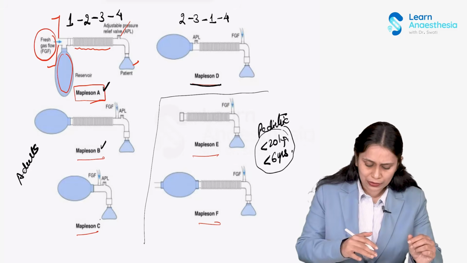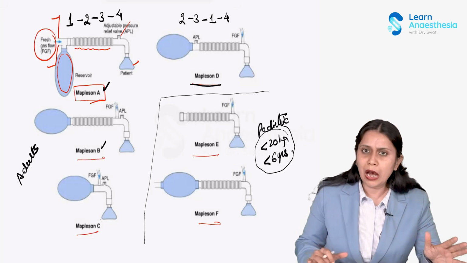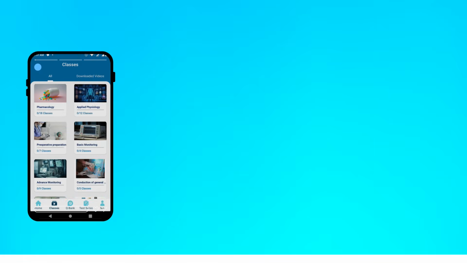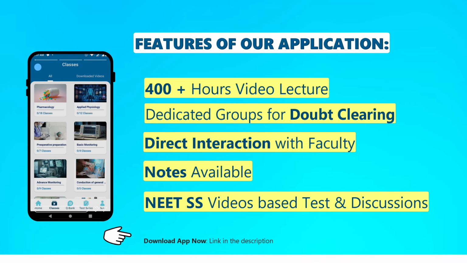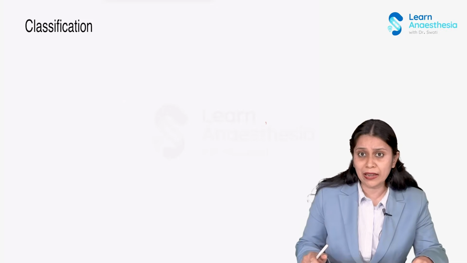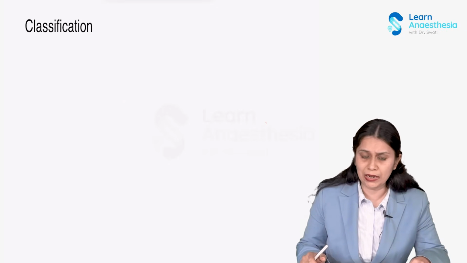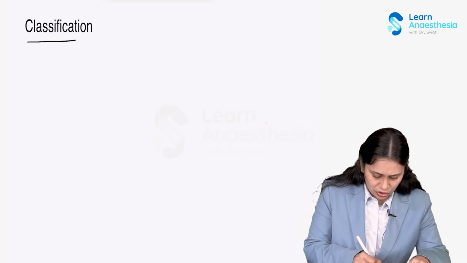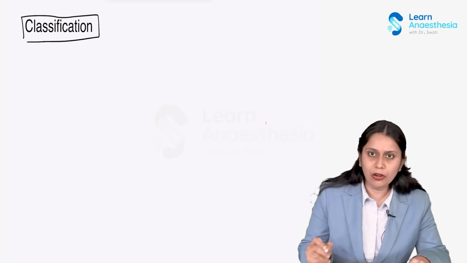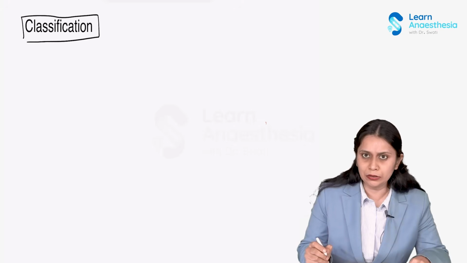Okay, so let us now talk about how we will discuss the circuits, how we classify them for the functional analysis. Now, classification of the circuit for functional analysis is done in three groups.